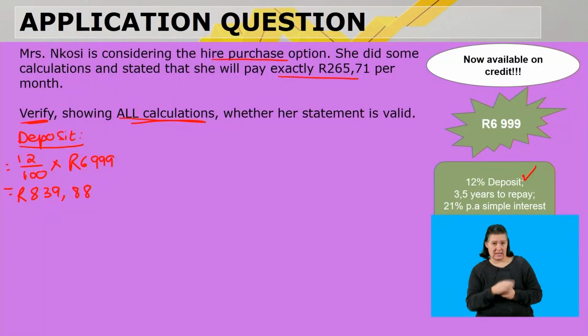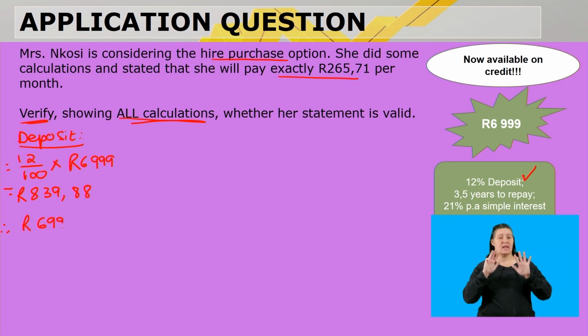After that, we now need to find the amount that needs to be financed, right? So we have to deduct the deposit from our cash amount. Therefore, I'll say 6,999 Rand minus the deposit of 839 Rand and 88 cents to see what the amount that needs to be financed is.